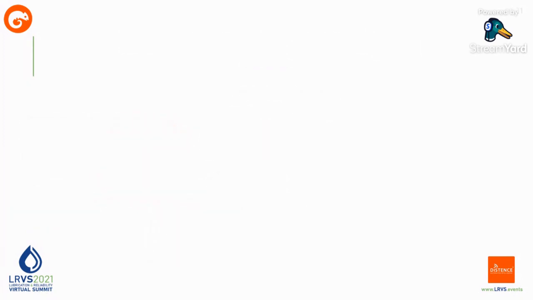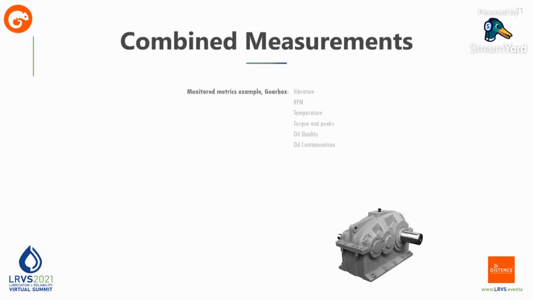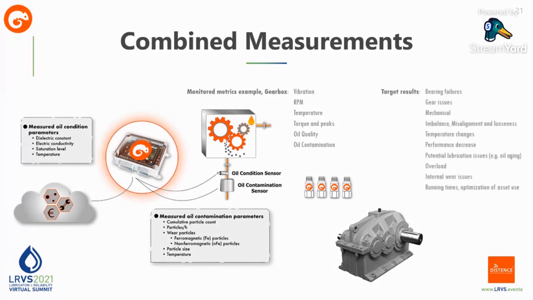So bringing this all together, online oil monitoring and analysis can of course be applied to standalone lubrication lines or hydraulic systems, but can also be combined with other measurements for optimal benefit. For instance, quite commonly, Condense is used on gearboxes.